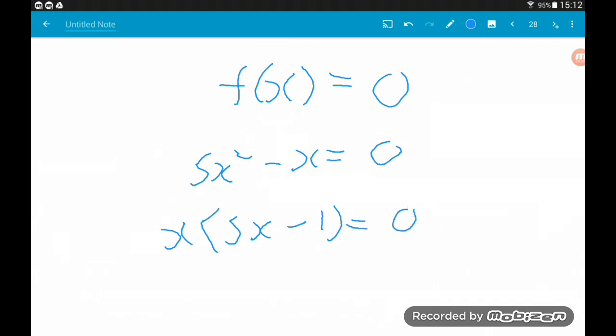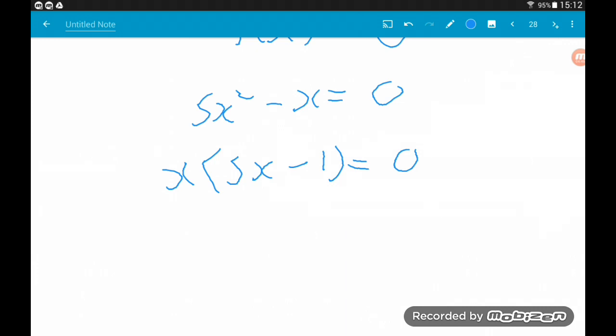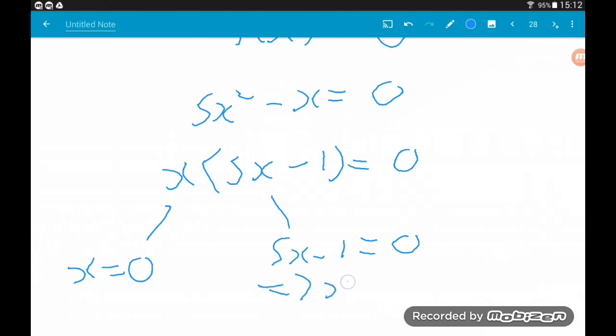What this allows us to do now is find the solutions of the quadratic equal to 0, so the points where it crosses the x-axis. The x at the start tells us one of them is x equals 0, and the bracket, well, we set that equal to 0, so 5x minus 1 equals 0 leads us to x equals positive 1/5.